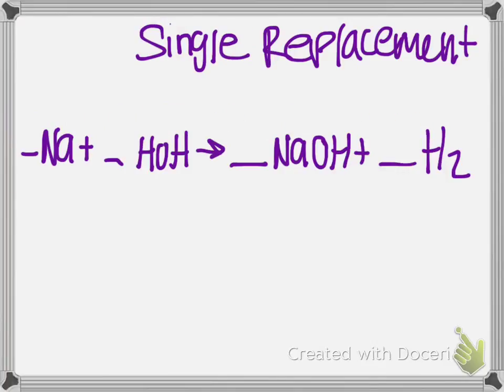Now we're going to balance a single replacement reaction. So you can see that on this side there's one Na, and this side there's also one Na, so we're good. And this, by the way, HOH is also H2O. So basically, if you rewrite that as H2O, sometimes you can see it a little better.